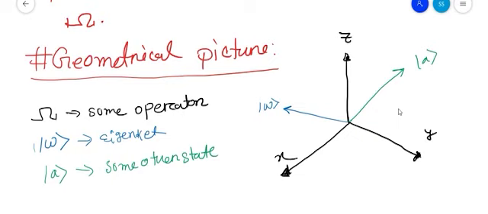And now I will take this operator from here and act on both the omega and the a. This is what I want to do, and let's say I did that.